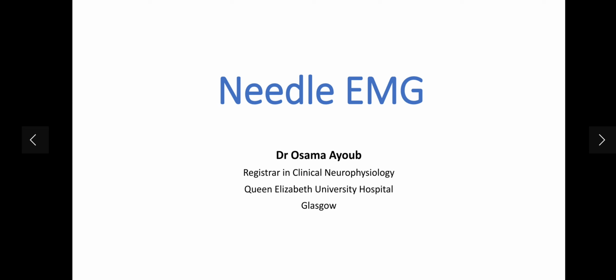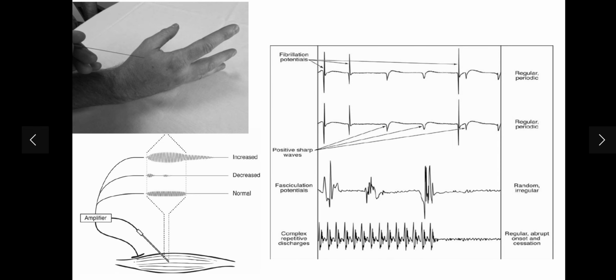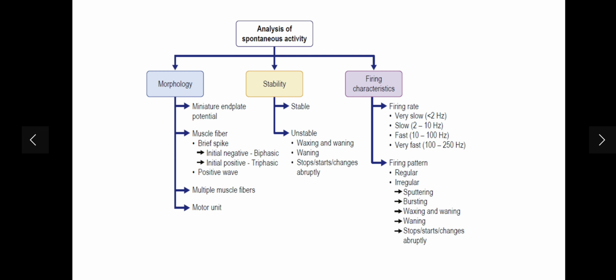And in this recording, we will talk about the basics of needle EMG. In needle EMG, you insert a needle inside the muscle, and the needle records the electrical activity from the surrounding muscle fibers. These are presented on the screen, on the machine, and we want to analyze these waveforms to understand where they are generated from and what useful information could be derived from them to help us diagnose neurological problems.